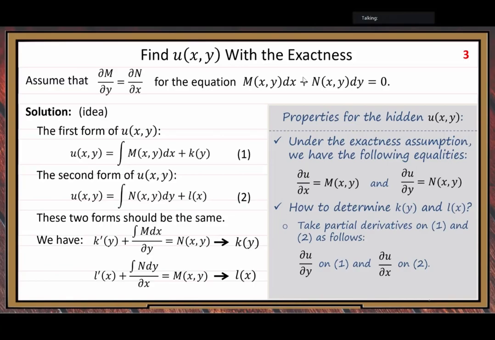Remember, we did an example before. We found a common umbrella to cover two different forms. We use that idea. We can skip this step.